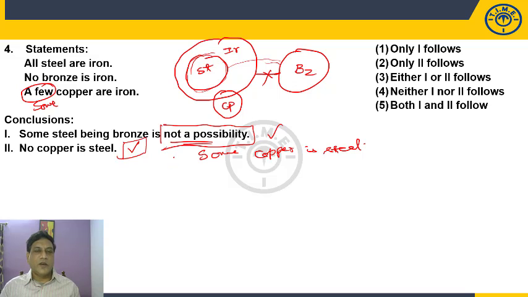Can we have an intersection between copper and steel? Yes, we can. So the opposite is possible, which implies that this fails in the alternative diagram. So here only one follows. Choice 1.